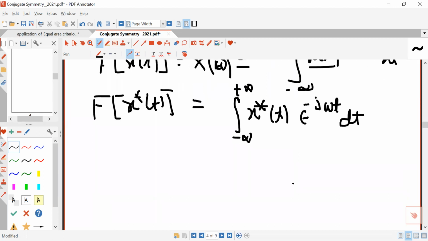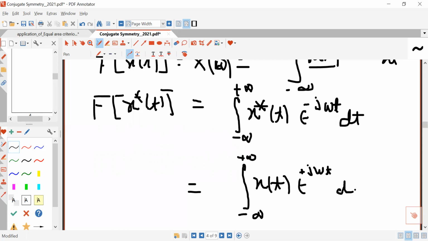Or you can write this expression as the integral from minus infinity to plus infinity of x(t) e to the power plus j omega t dt, conjugate. You can write this expression.